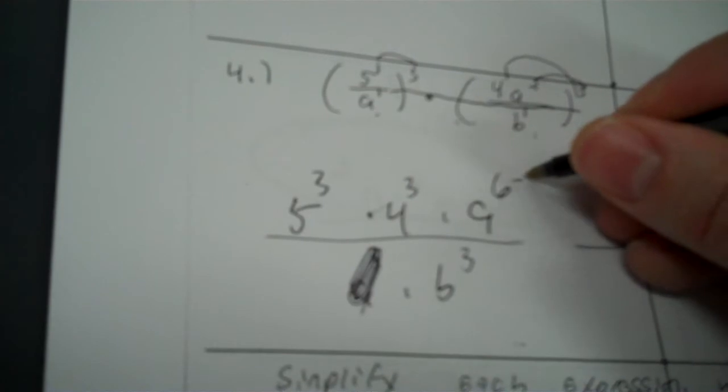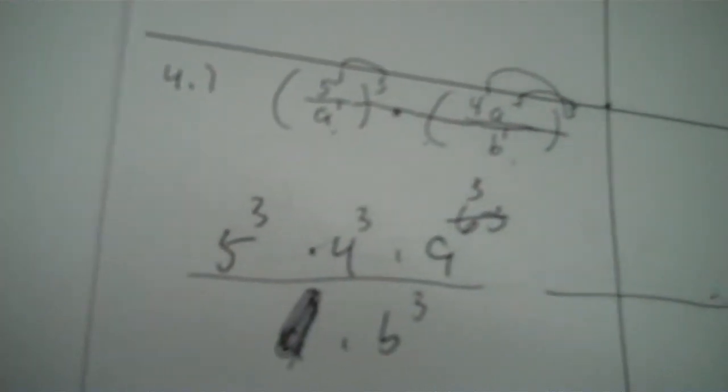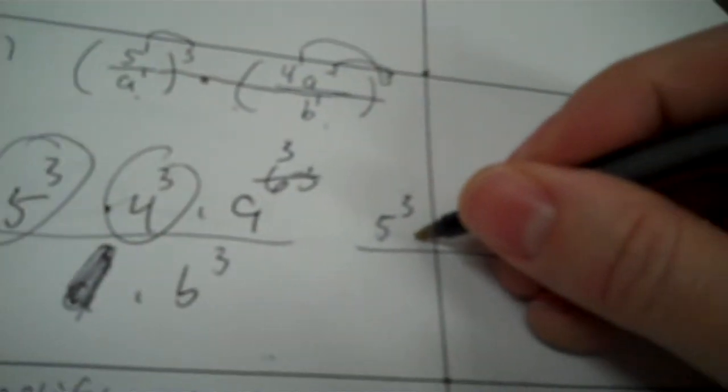Now, at this juncture, on the last problem I did have stuff on the bottom and on the top, but none of them were of the same base, okay? Now you do have an a to the third and an a to the sixth, so you need to scribble out the a to the third and then subtract 3 from 6. That's going to be 3. Okay. Now that's a positive, so it comes over where it is. Keep that.